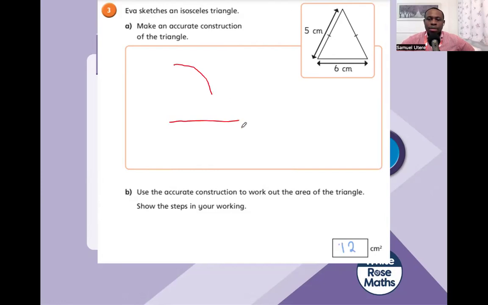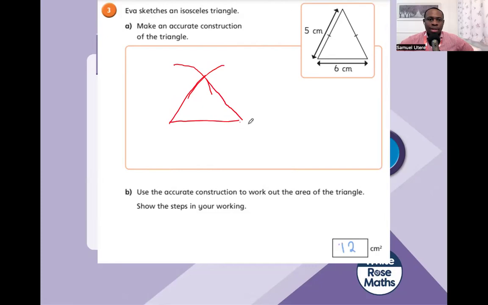Step 3, you're going to use that same 5 centimeter mark of your compass, place it here and draw the other arc. Next, you take a ruler and join these like that, and that would form your isosceles triangle.